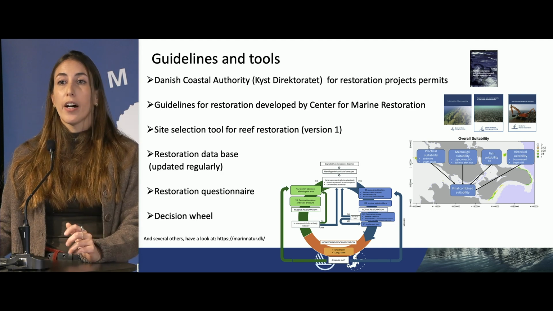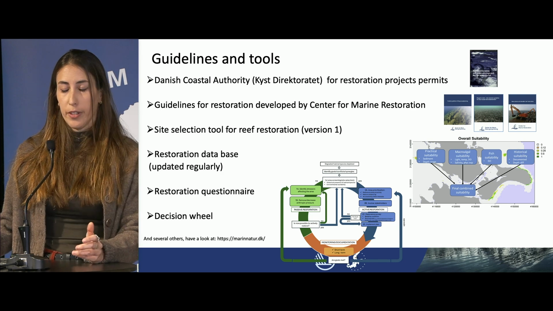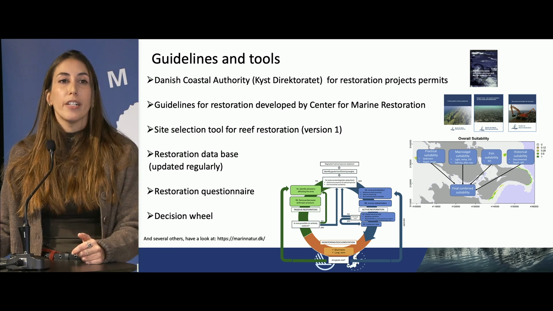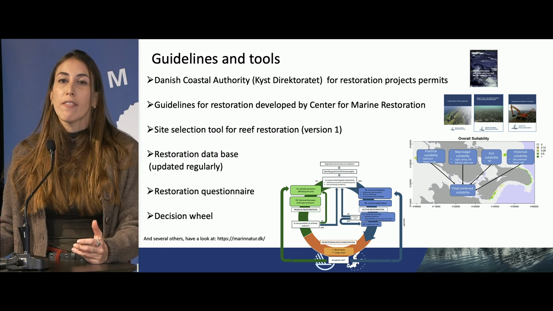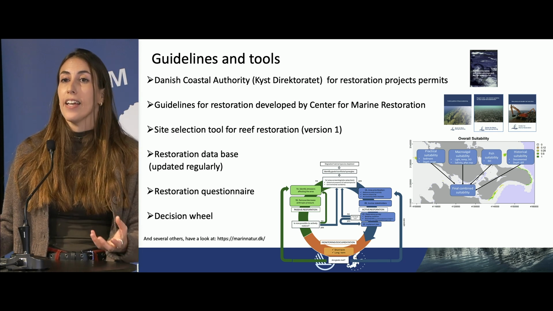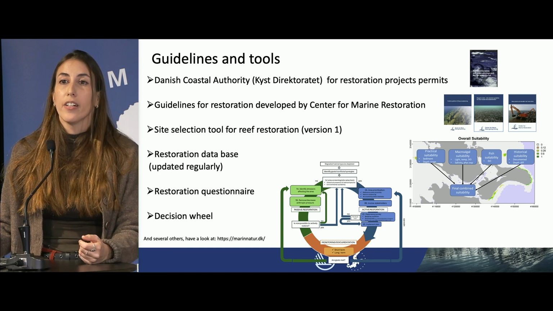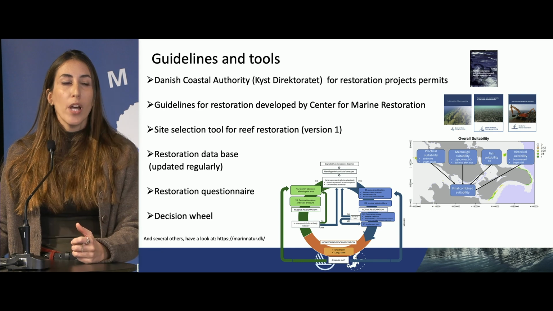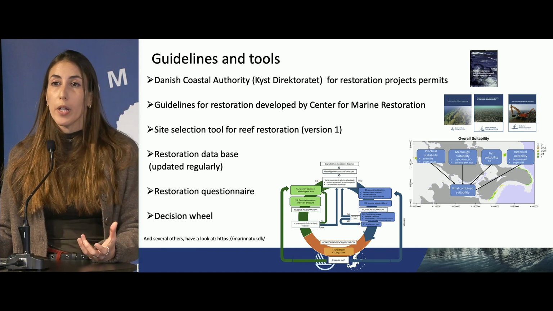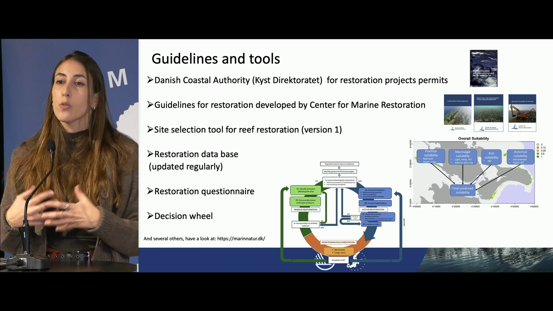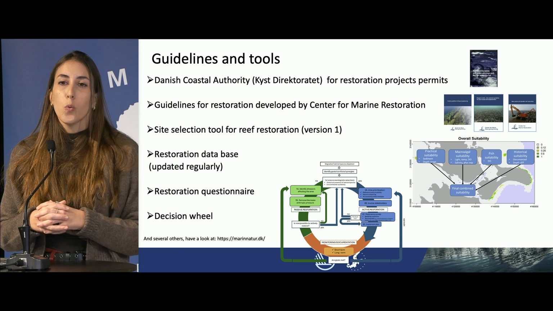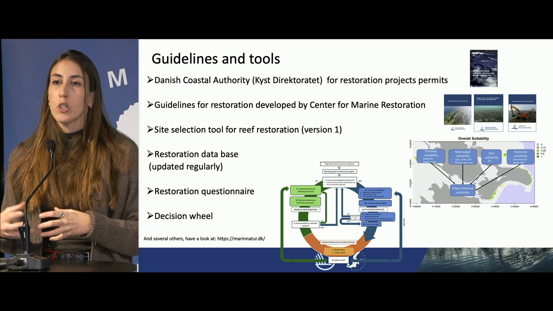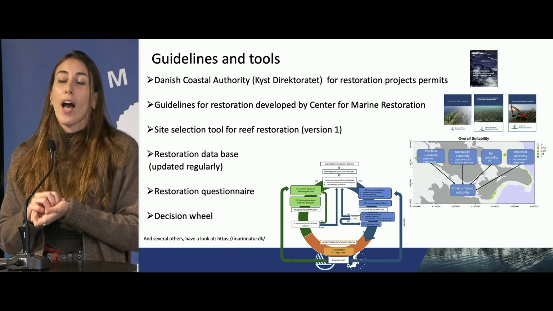And then we are developing a questionnaire for stakeholders and practitioners of marine restored areas, to get a feeling of what they consider a success and cost effectiveness, from the people actually active in this field. And we have also developed a decision wheel. It is very important, as we saw with the other presenter, to know that active restoration and passive restoration have to go hand in hand.